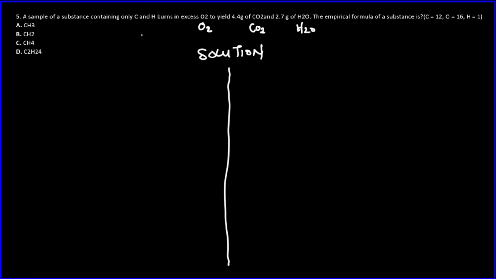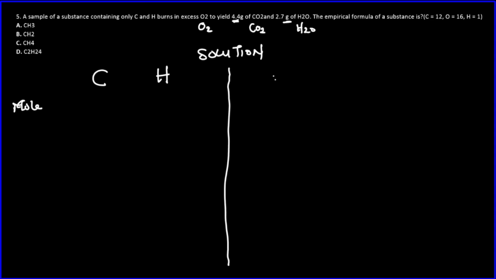So we know that the substance contains carbon and hydrogen. So we have to look for the mole. But now, we are not given the reacting mass. We are not given the percentage by mass of the elements. We are not given the reacting mass of the element. How do we find it? From what we're given, we can look for it.